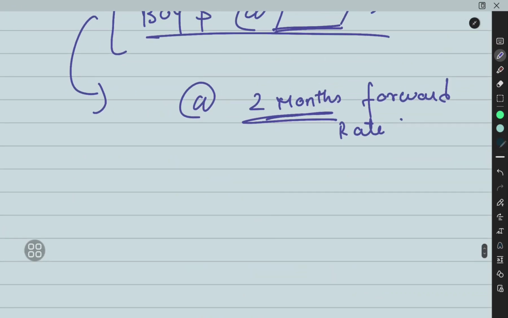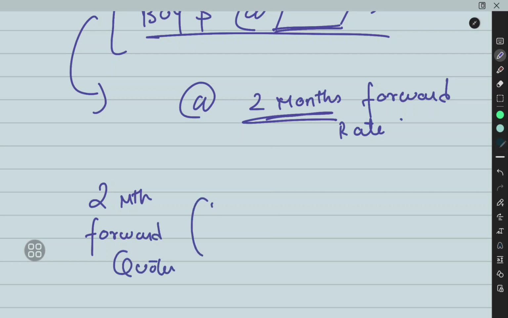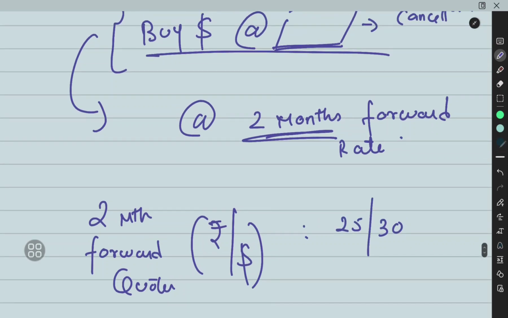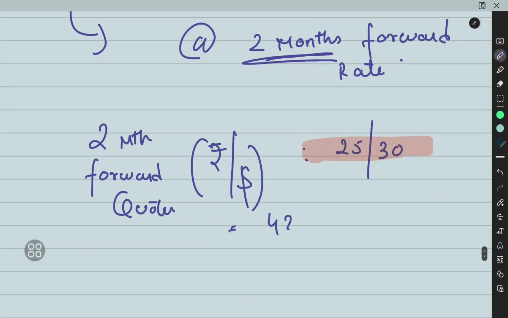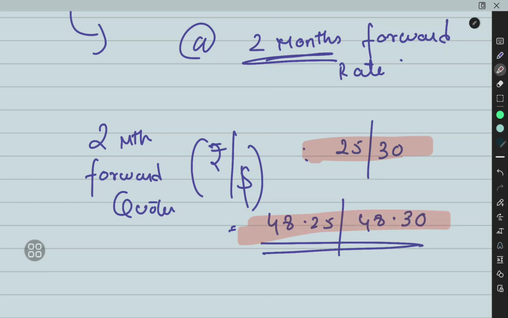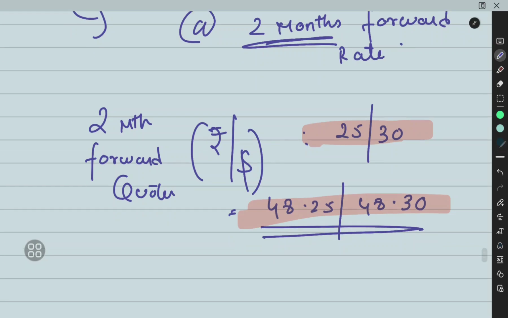Okay, let me write it down. 2 month forward quotes available to us. These are, by the way, rupee by dollar quotes, 25 and 30. Or should I write it properly, 48.25 and 48.30? These are the quotes that are available to me. Now which one will I select?